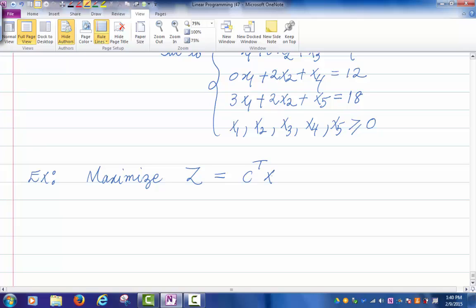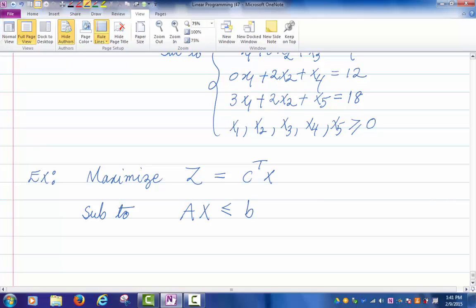What is x here? x is the vector of decision variables x1, x2, up to xn. c transpose is the vector consisting of the coefficients of the objective function. Subject to the constraint, the coefficient matrix A multiplied by x is less than or equal to the vector b, which consists of the right-hand side numbers.